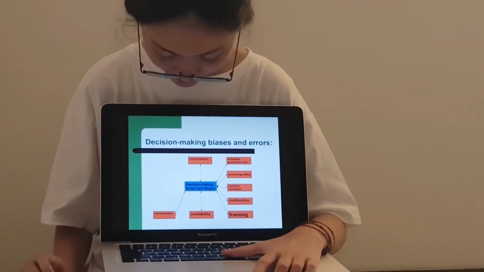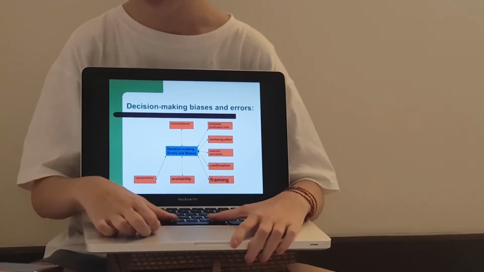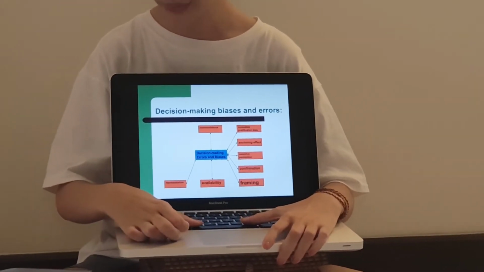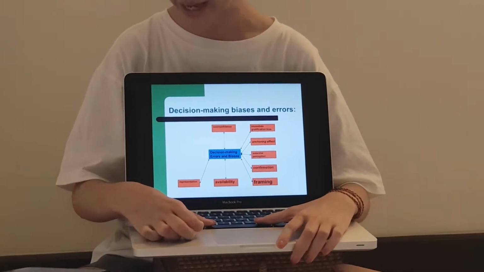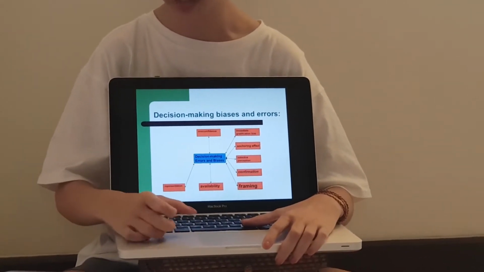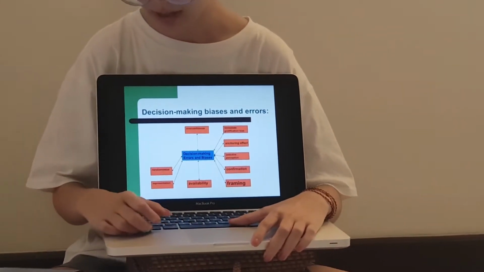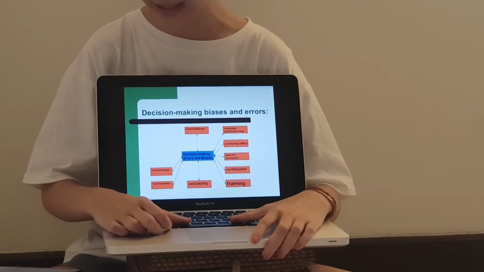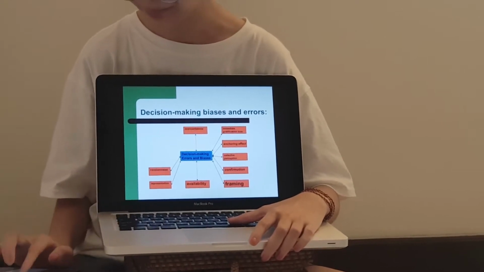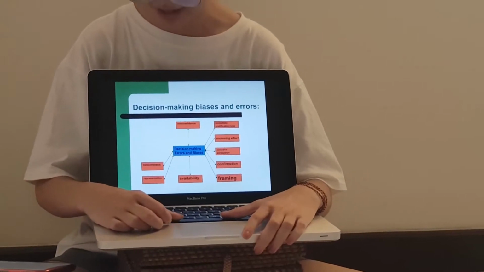The next one is representation, when the decision maker assesses the likelihood of an event based on how closely it resembles other events or sets of events. Next is randomness, which describes decision makers who try to create meaning out of random events.